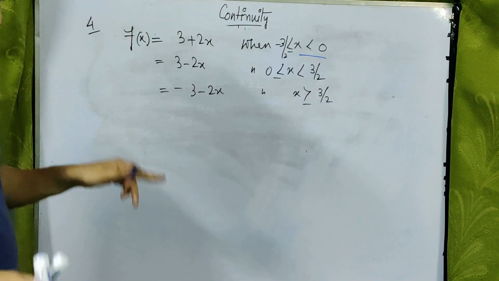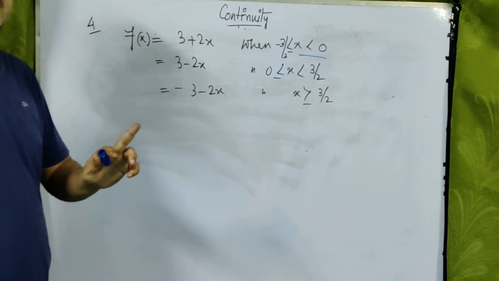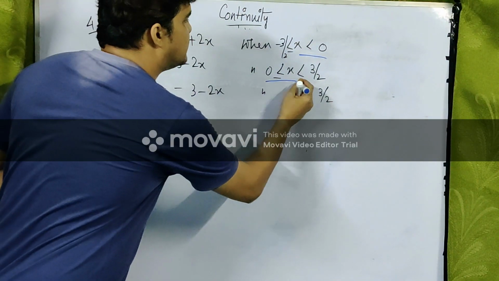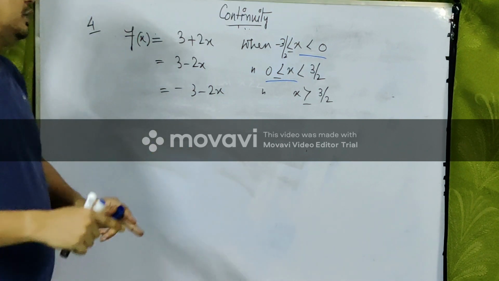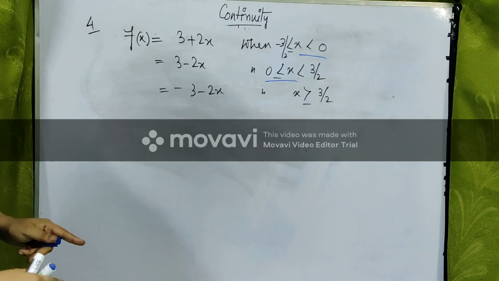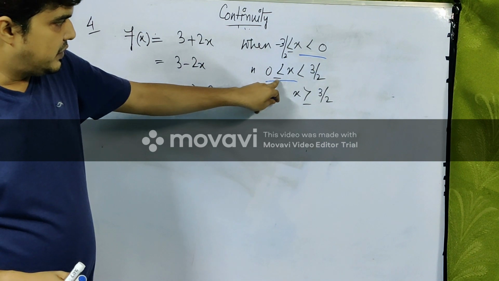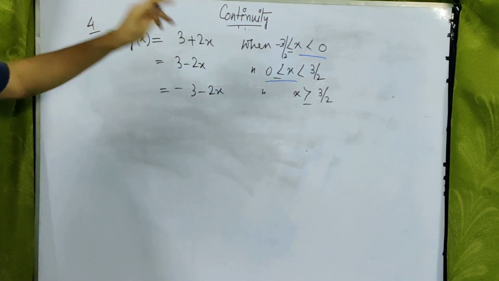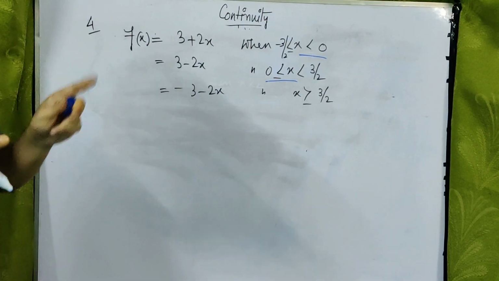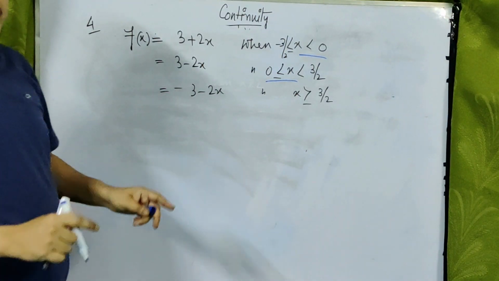Again, we have to check how it is defined when x is greater than 0. When x is greater than 0, the function is defined in this way. And again, we need the value of the function when x equals 0. For this equal to sign, when x equals 0, the function is again defined in this way. So for checking continuity at a point, we have to check how the function is defined.